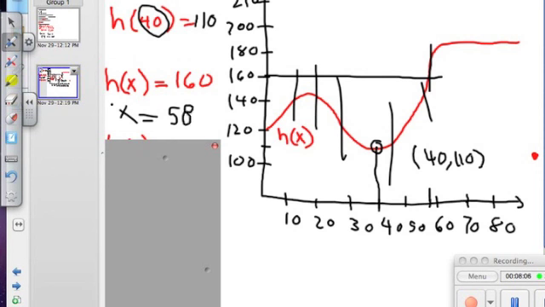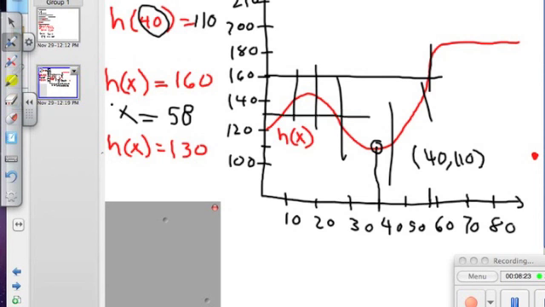All right. Now, as we move on down, let's look at our function and see when our function, our h of x, is equal to 130. So I'll just draw my line across at 130, and you can see it equals it in a few places. And we can estimate those places where it equals 130.